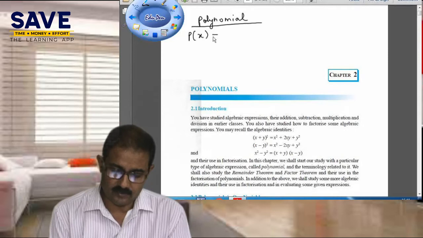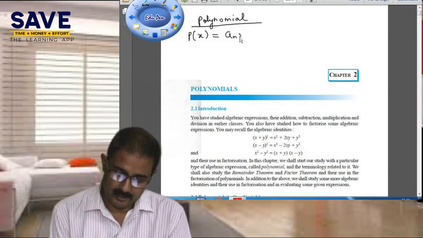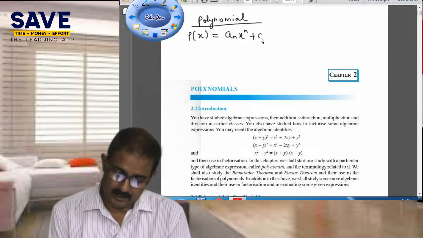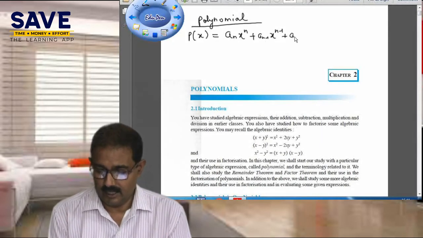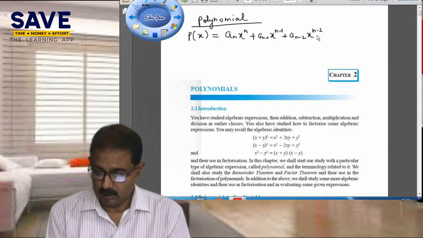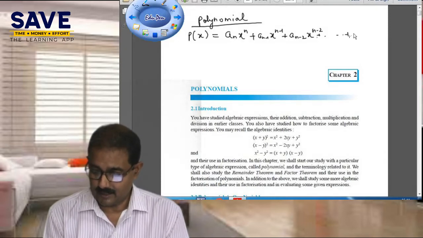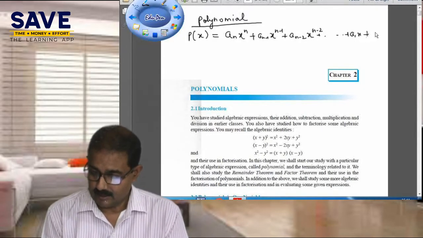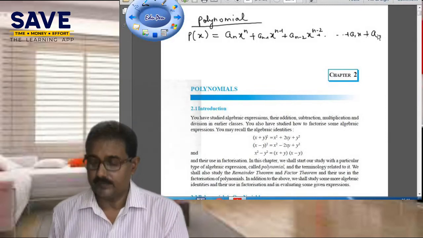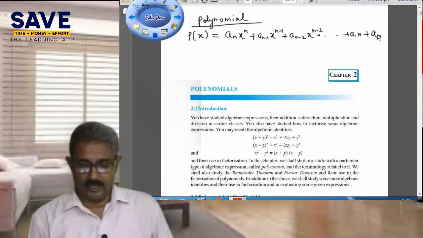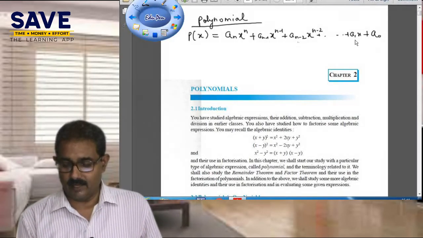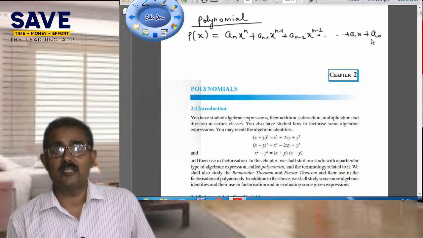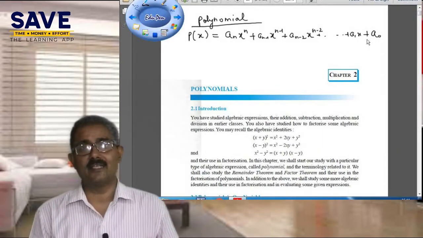Any expression of this form an x raised to power n plus an minus 1 x raised to power n minus 1 plus an minus 2 x raised to power n minus 2 and so on, up to a1x plus a0. Any expression of this form where an minus 1, an minus 2, a3, a0 are the constants and where x is the variable.